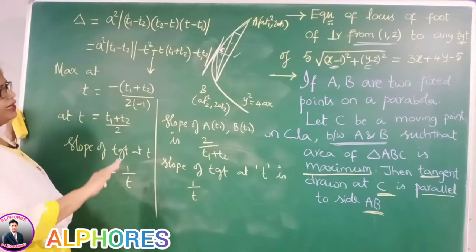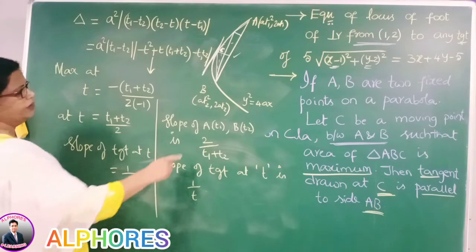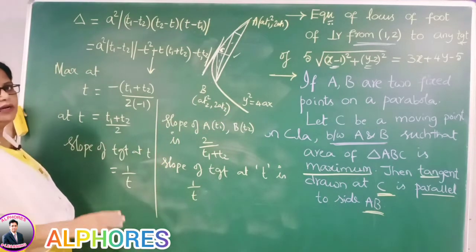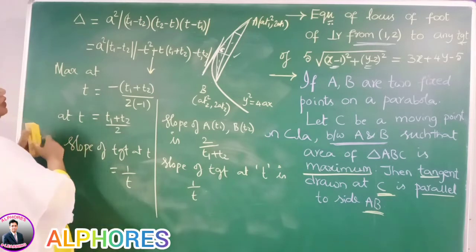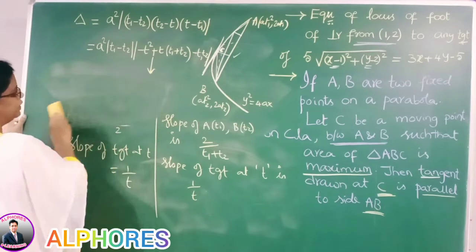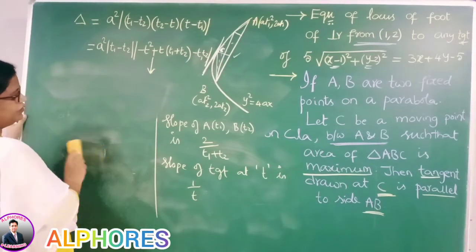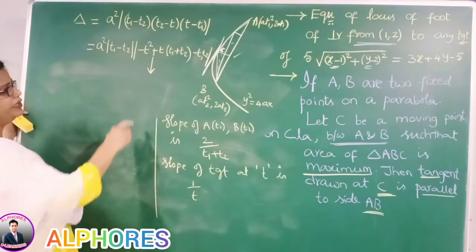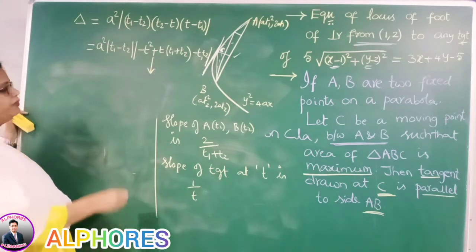Moreover, for the standard form of parabola, what is the maximum area also? You can find what is the maximum area here. The maximum area you can say is nothing but, what is our formula? 4ac minus b square by 4a.